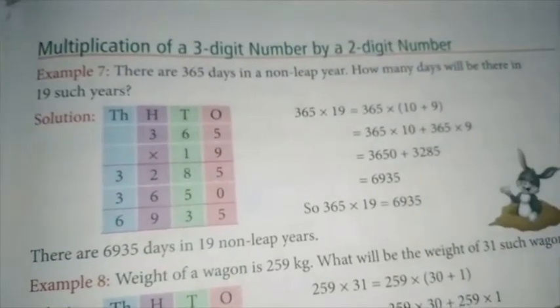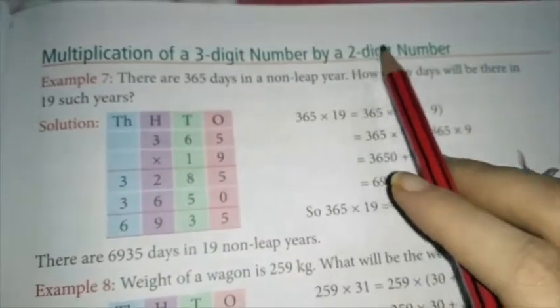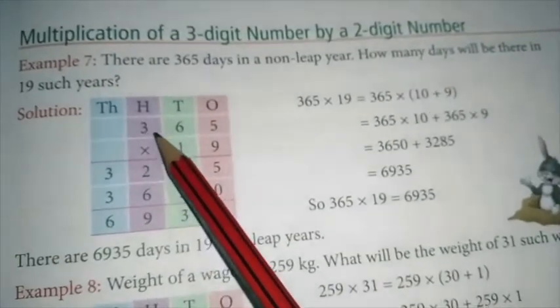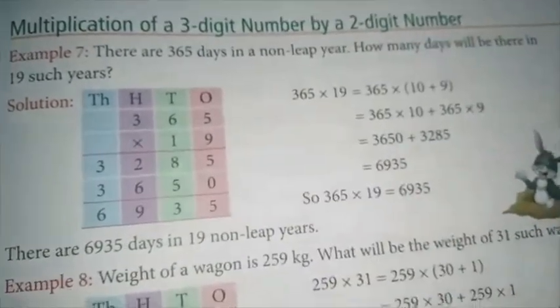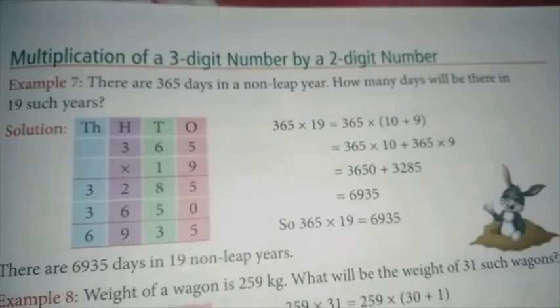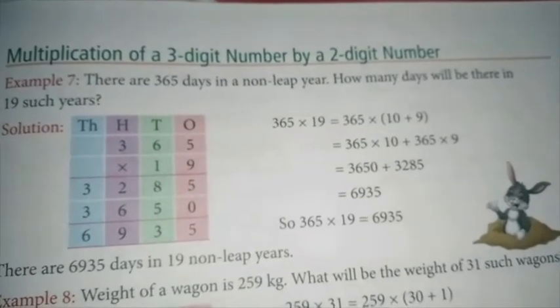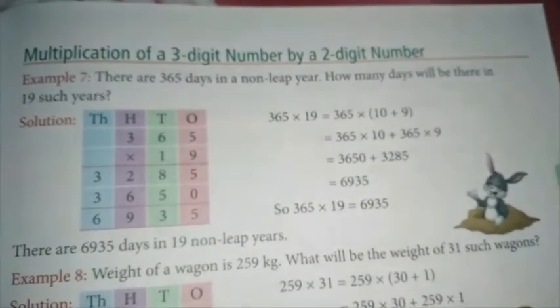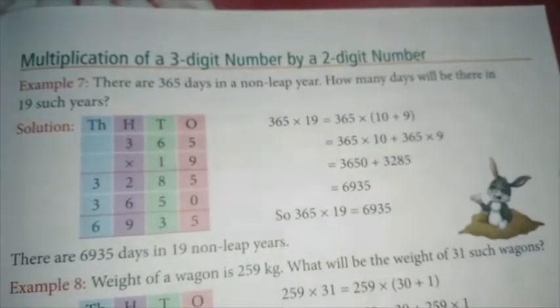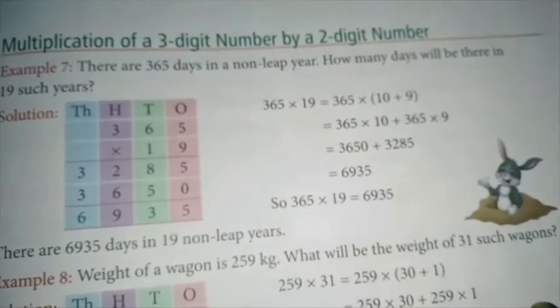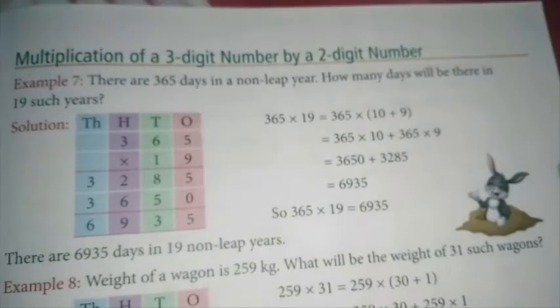Third is multiplication of a 3-digit number by a 2-digit number. Before, it was multiplication of a 2-digit number with a 2-digit number, and now you have multiplication of 3-digit numbers with 2-digit numbers.